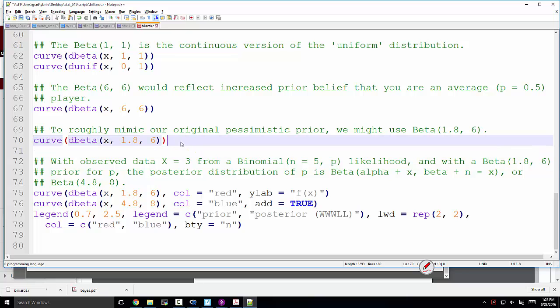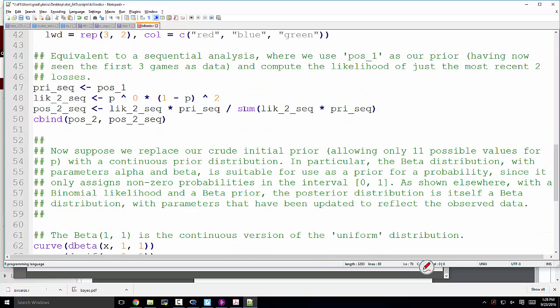We could compute a posterior as likelihood times prior divided by the integral of likelihood times prior. Instead of summing, when I have a continuous prior, I would need to integrate. And there is a function called integrate in R. So I could do this down below, replacing the likelihood sequence and the prior sequence with continuous analogs.